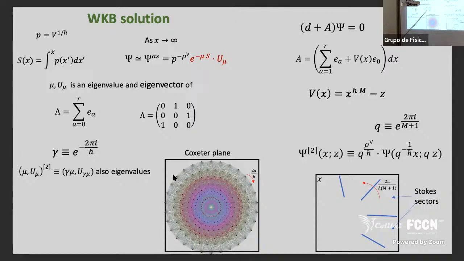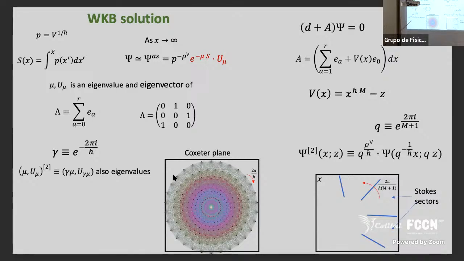For the SL3 example, this is the cyclic permutation matrix. For this matrix, it's very easy to see that the eigenvalues will be exponent of 2 pi i divided by h. The Coxeter number for SL3 is 3, so all possible third roots of unity are eigenvalues of this matrix. This is obvious, but in general the statement is the following.